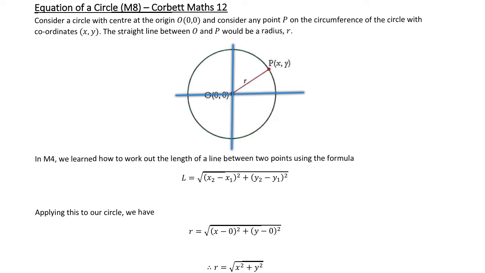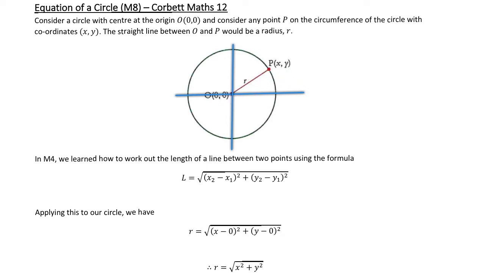So in M4 we learned how to work out the length of a line. So if we're trying to work out the length of the radius, we could use this formula where it's x2 minus x1 squared plus y2 minus y1 squared, and then square rooted. If we put in the coordinates, the x2 value would be x, the x1 value would be 0, and the y2 value is y, and the y1 value is 0.